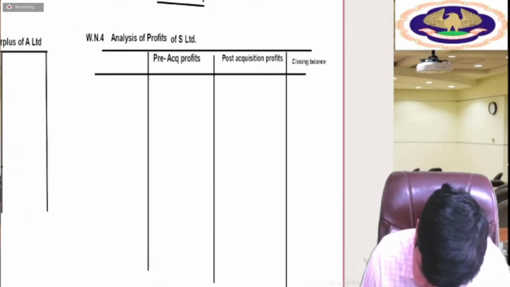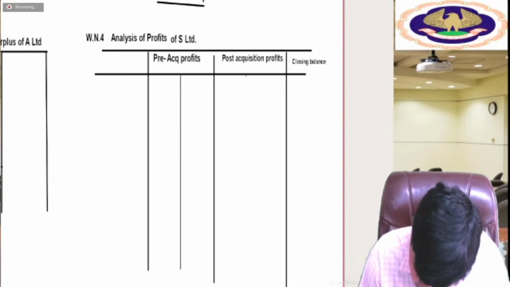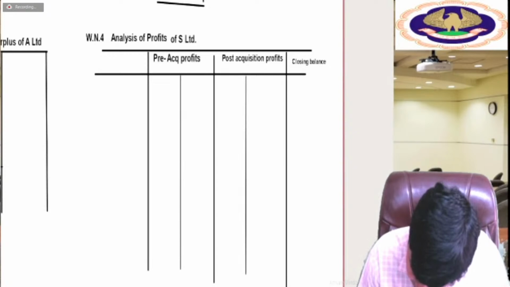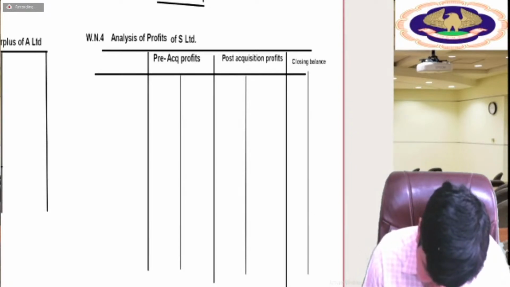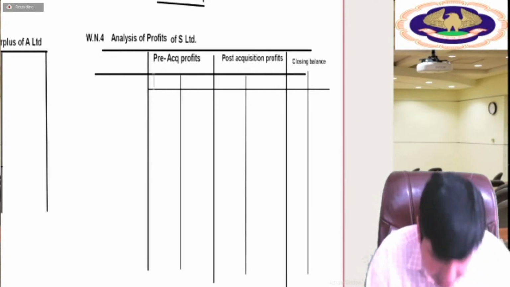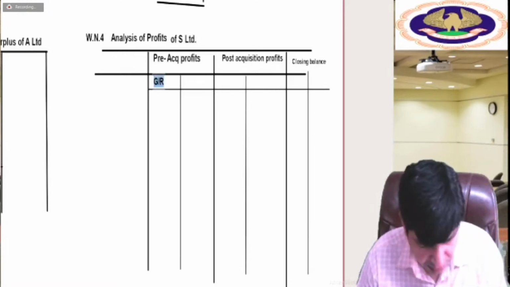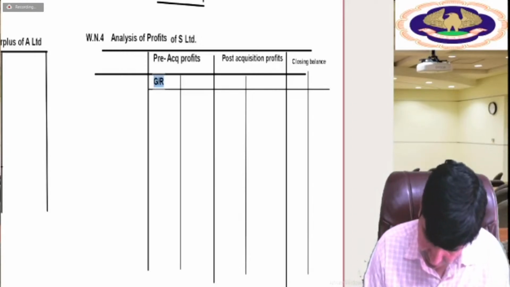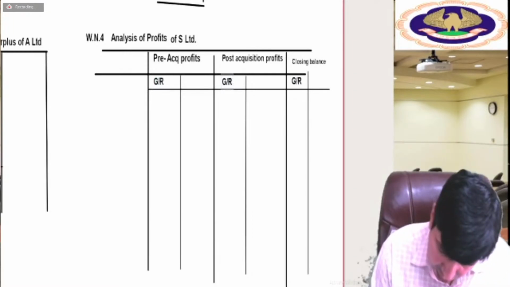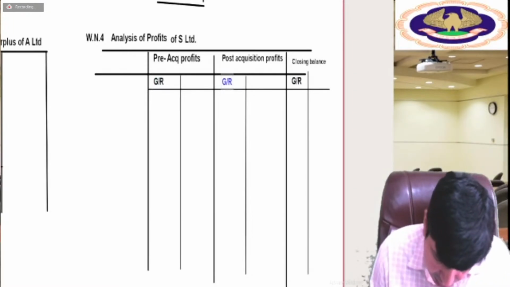So we have to prepare columns for both pre and post acquisition, as we did in the last class. General reserve, profit and loss.